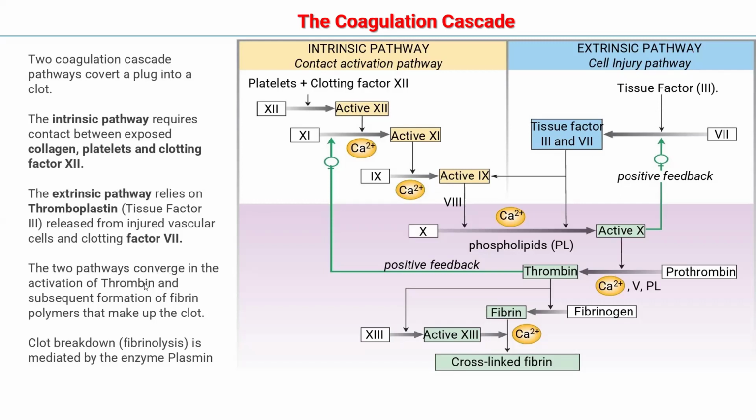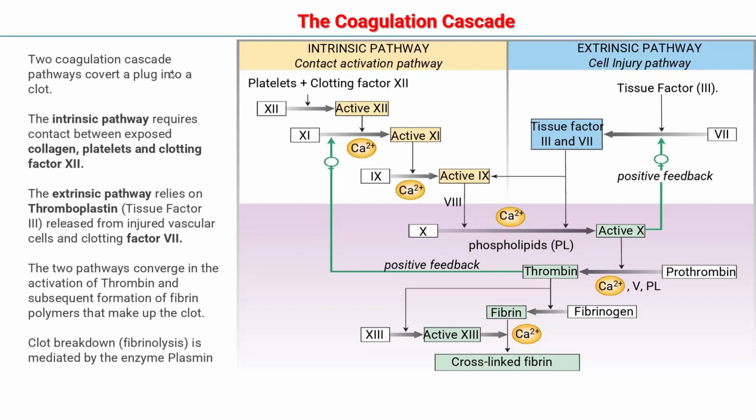The two pathways converge in the activation of thrombin, and subsequent formation of fibrin, which is the ultimate goal of this cascade, making up a clot.